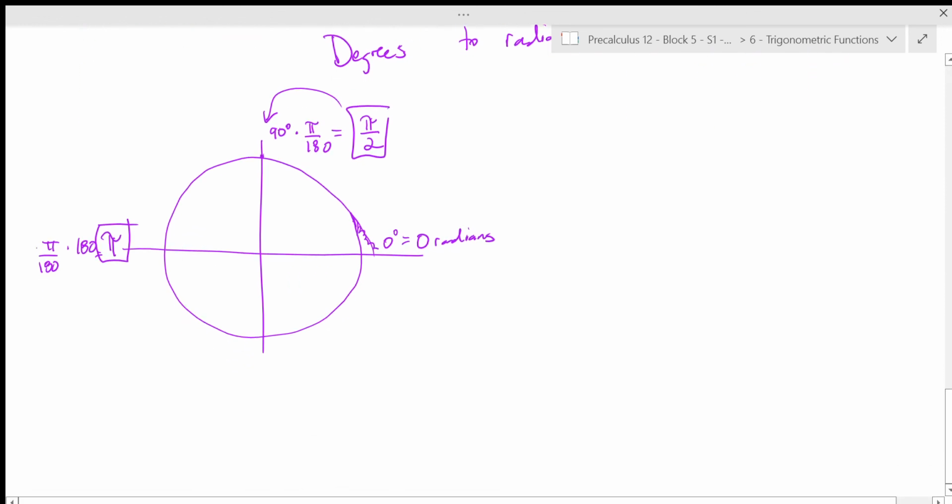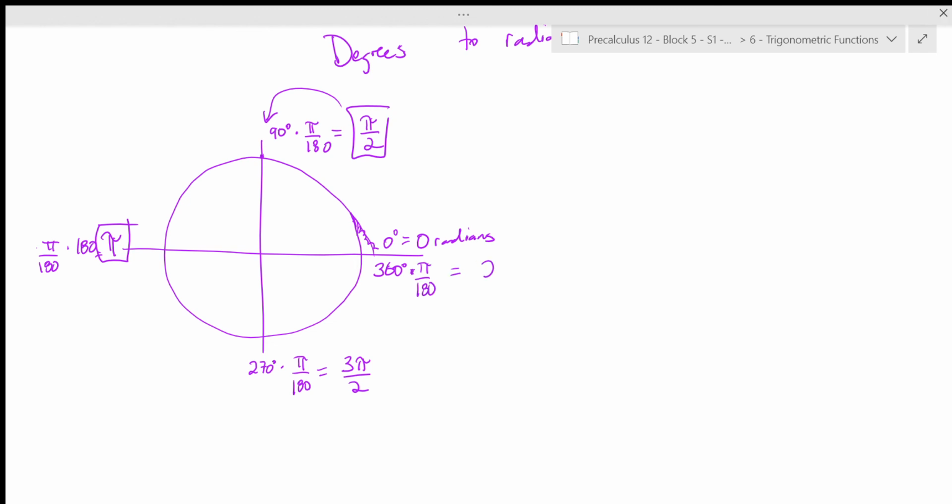If we go down here to our 270 degrees, multiply by pi over 180, that's going to give us 3/2 when we cancel, so it's 3 pi over 2, or you can write 3/2 pi. And then our 0, which is the same as our 360 degrees, we multiply times pi over 180. That's our full circle, which is 2 pi radians.